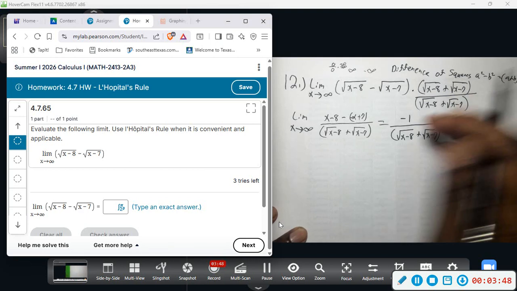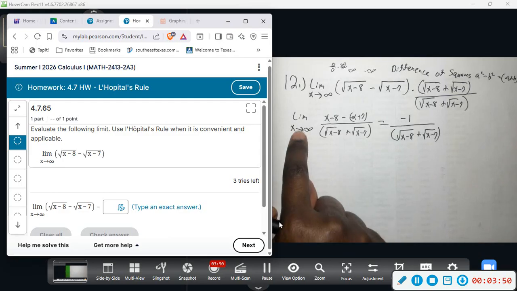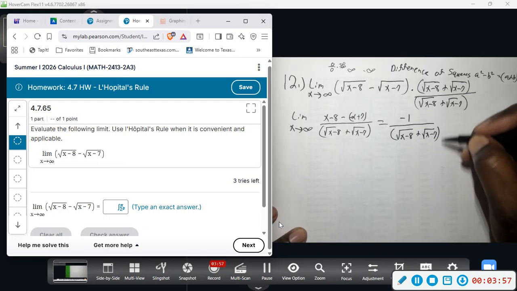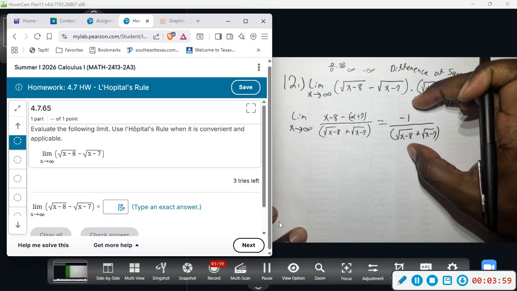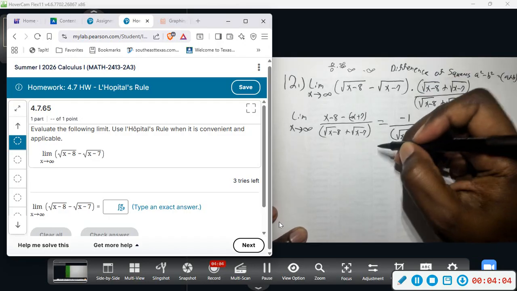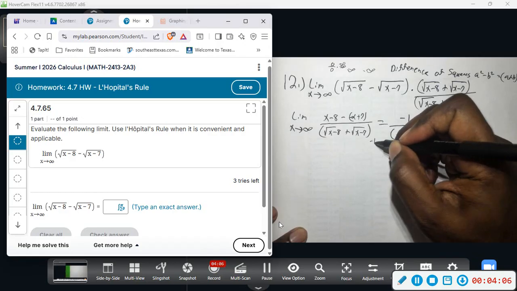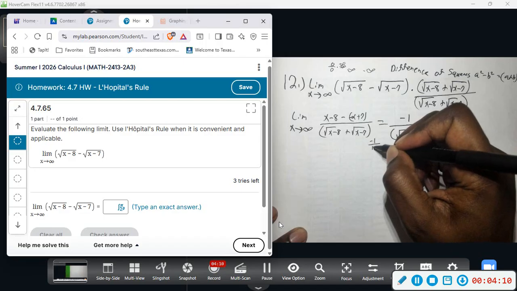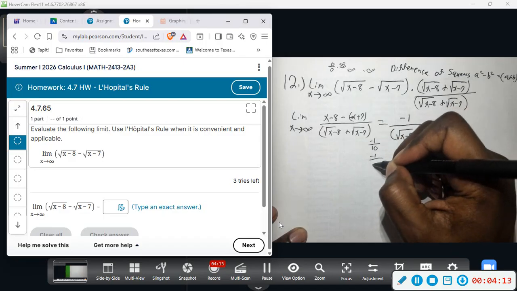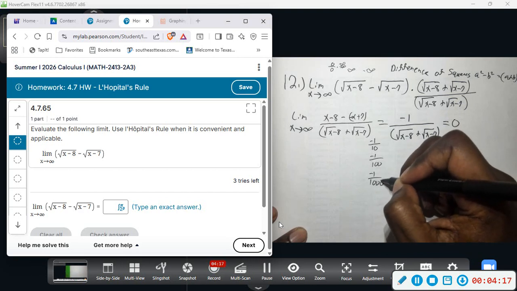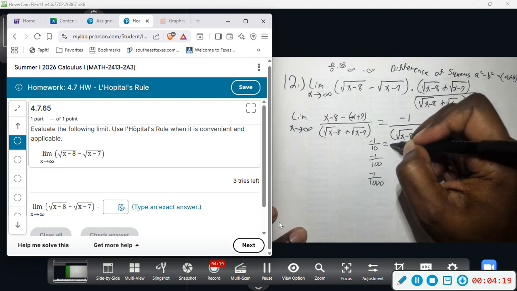All right, so at this point we have it rewritten. We can try to apply the limit again. As x goes toward infinity, the overall whole bottom is getting really, really big. So this overall fraction is going toward 0. Remember, if I have a small number on top staying fixed, and the bottom is getting larger and larger, say 1 over 10, 1 over 100, 1 over 1,000, this number is tending toward 0.